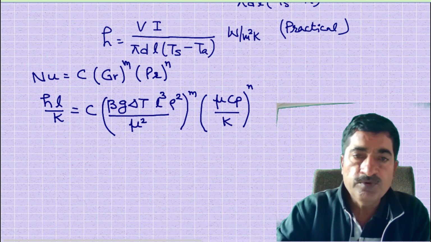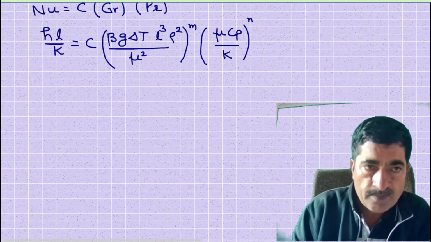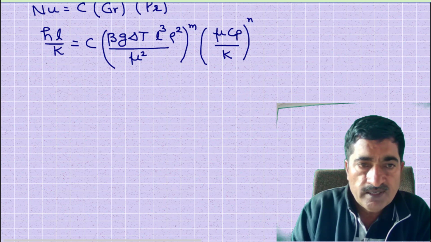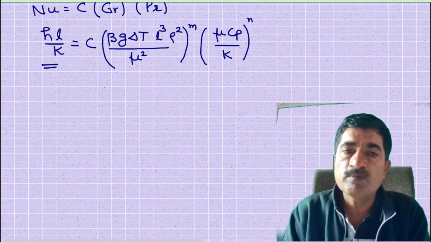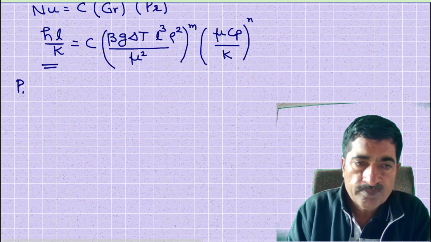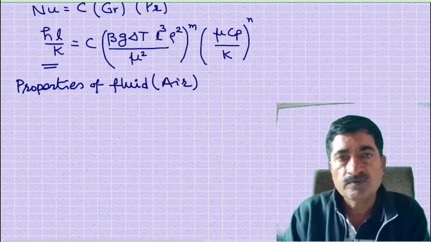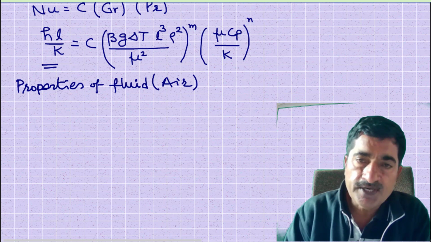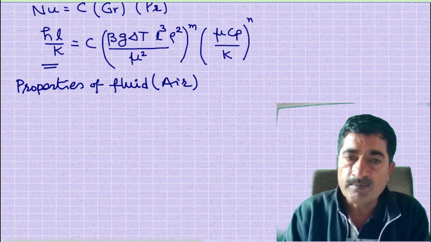Now properties of fluid. Calculate hL by K, beta g delta T L cube rho square upon mu square, and mu Cp by K. The fluid properties, where this is air, are taken at film temperature TF from the heat transfer data book or fluid property table.